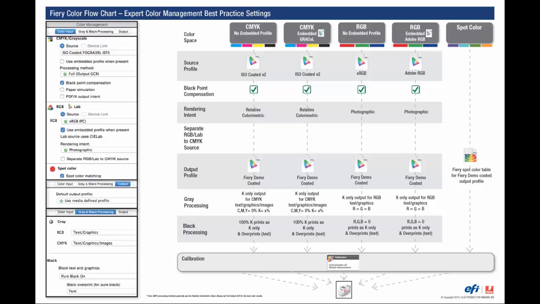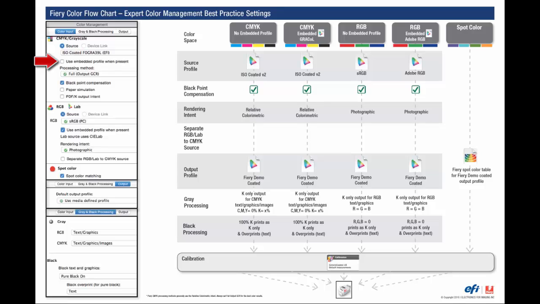For most commercial print production workflows, to get the best possible quality from the Fiery, we recommend these settings. First, set the source profile to the common CMYK working space in your region. This is probably Grackle or SWAP in the United States, or the ISO coded profile in Europe and the rest of the world.